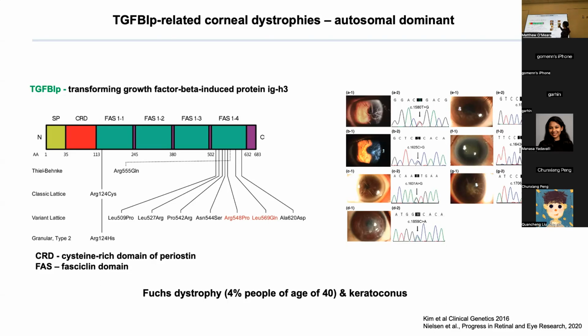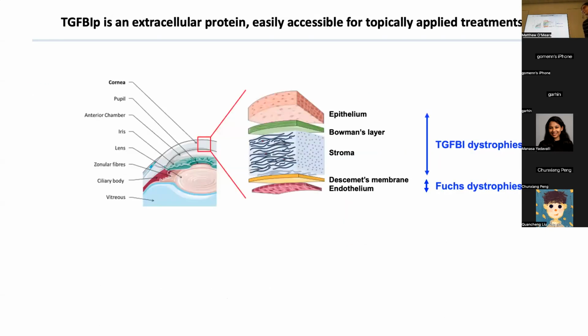Some present like a halo, the others are fibrillar and so forth. I just want to pay attention to this particular mutation, which is involved in classic lattice dystrophy. When you have a mutation of arginine 124 to cysteine, it is linked to the accumulation of amyloid aggregates. So this is where my expertise comes in.